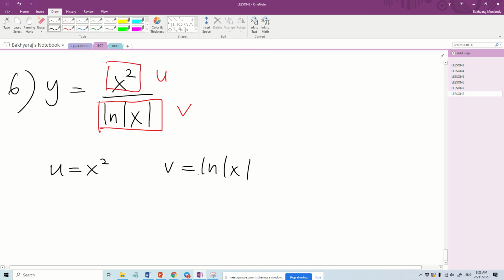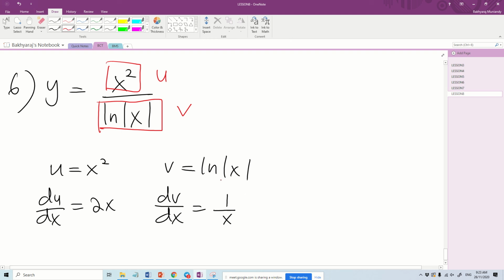Kalau log x, kita differentiate, u akan dapat 2x, and your dv dx will be equal, ini akan dapat apa? Dia akan dapat 1 over x lah. Oh, sorry. Okay, dia akan dapat 1 over x.